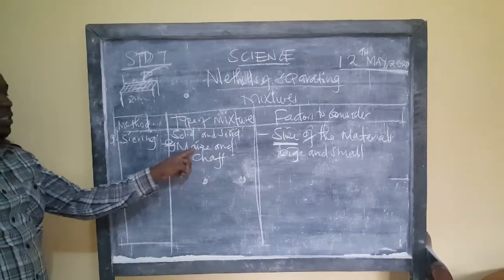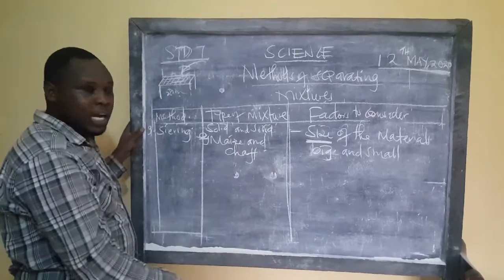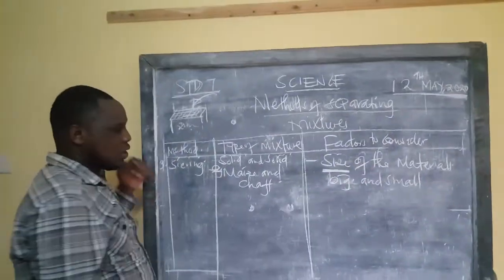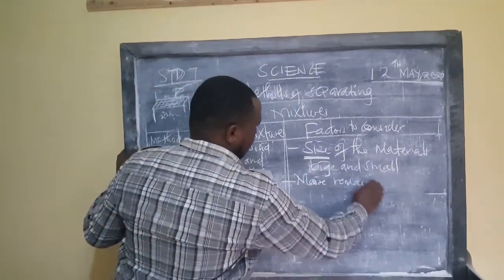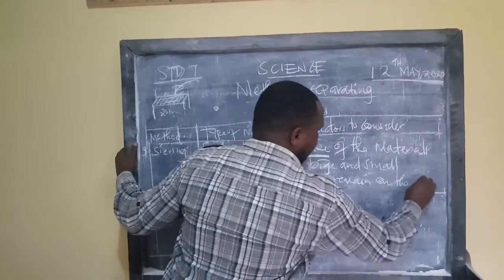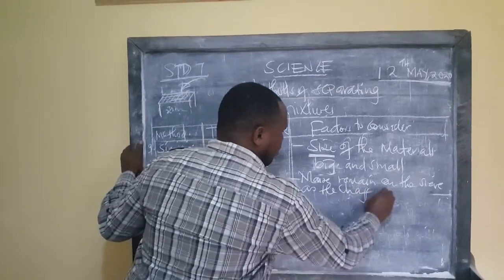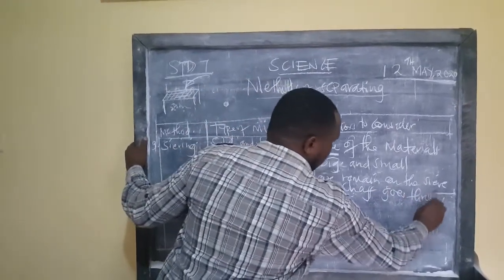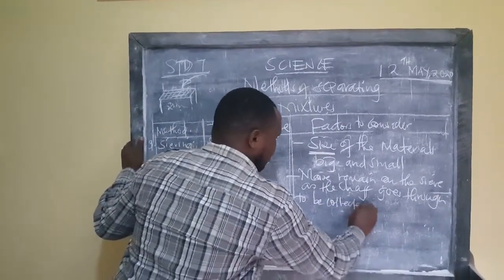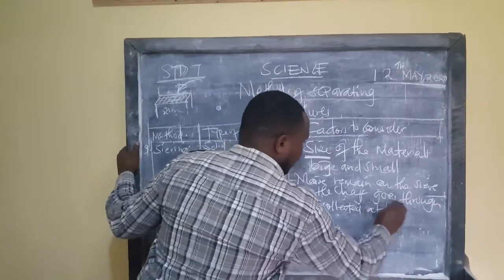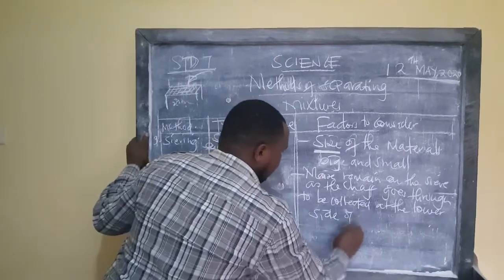The big material here is maize. The small one is chaff. So the chaff will go down and then remain with maize on the sieve. So maize remains on the sieve as the chaff goes through to be collected at the lower side of the sieve.